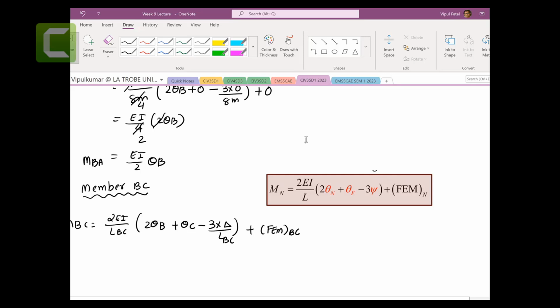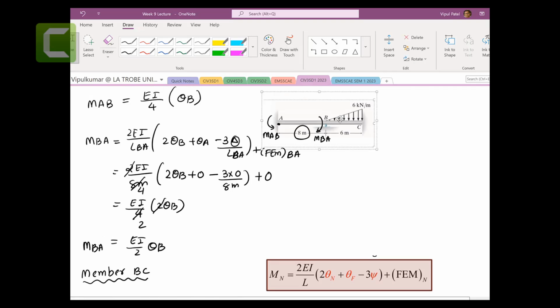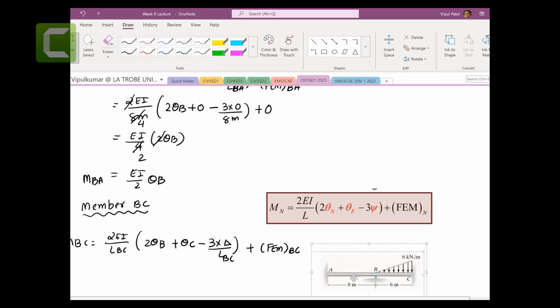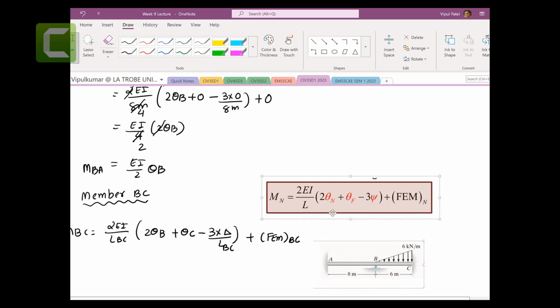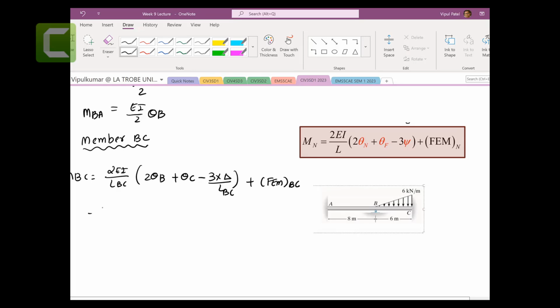Right. So now we can get these figures down here as well, so we can see what is happening. Okay, so 2EI on length BC, which is 6 meters. 2 theta B we need to find. Theta C is 0, fixed support. No settlement.